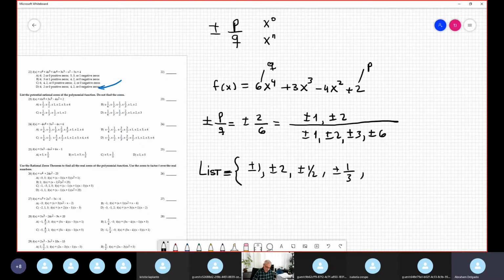Plus or minus 2/3. And finally, plus or minus 1 over 6. And 2 over 6 is 1/3, and I have that. This is the combination. Get the option B. Any question?